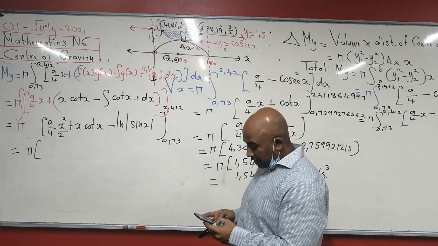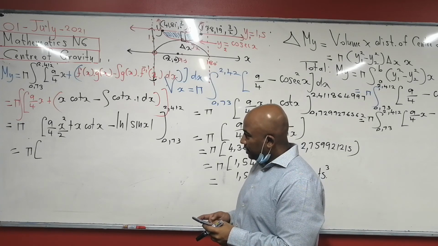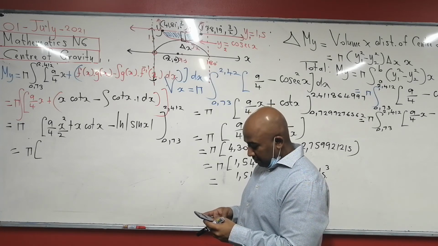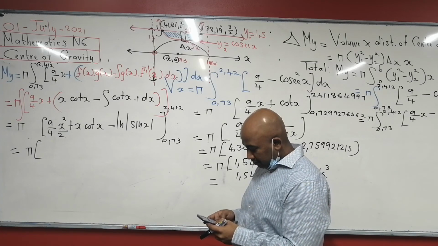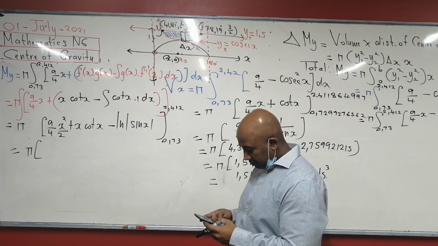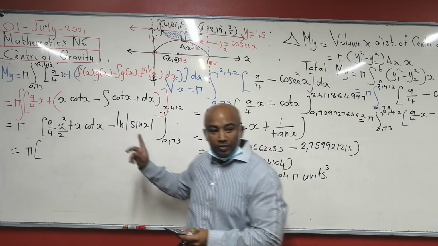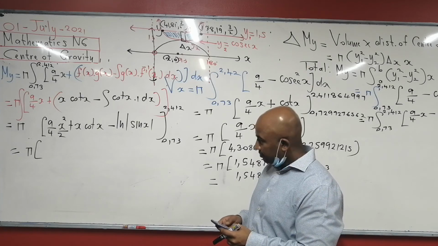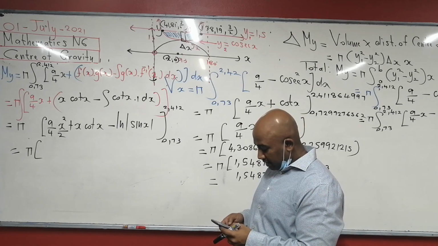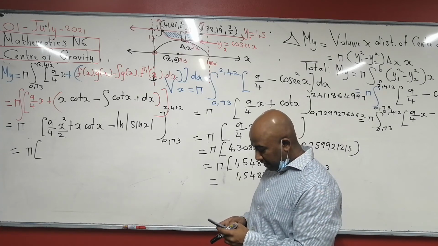Alright, so I've got 9 over 8 x squared plus x, remember the cot you can write as 1 over tan when you're doing it on the calculator, minus ln sine of x.